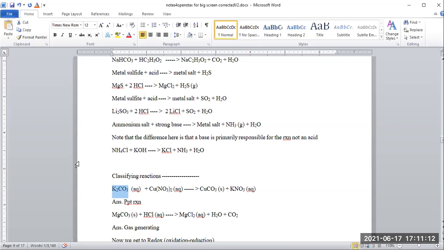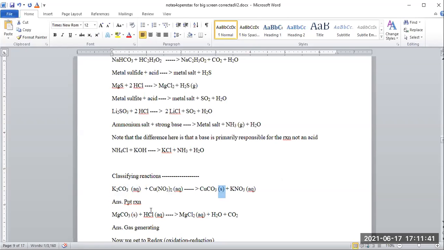When I look on the product side, ooh, I see something that's a solid as well as an aqueous molecule. So having two separate things here that are both aqueous and one of your products being a solid, part of that is your tip-off that this is a precipitation reaction.